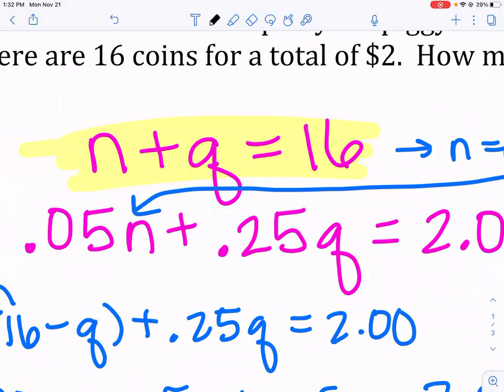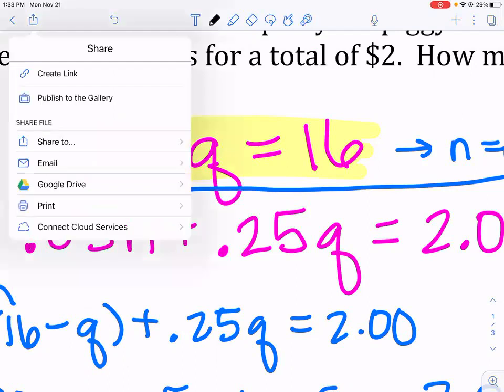On a multiple choice situation, like a standardized test, count on your fingers all you want, okay? But I need to understand your mastery. So your homework is that next page, page 141 in your student journal, 10 through 19. I would like you to get number 10, the first problem, done before you walk out of here. 10 through 19.